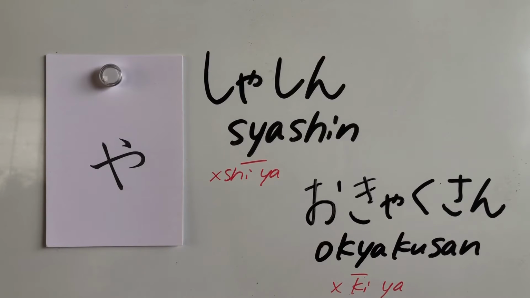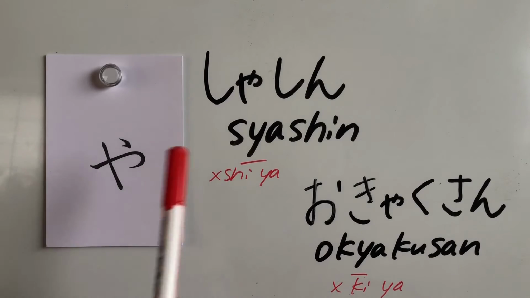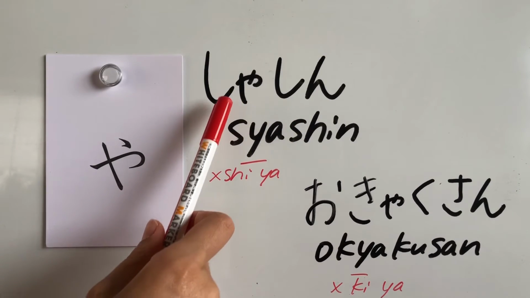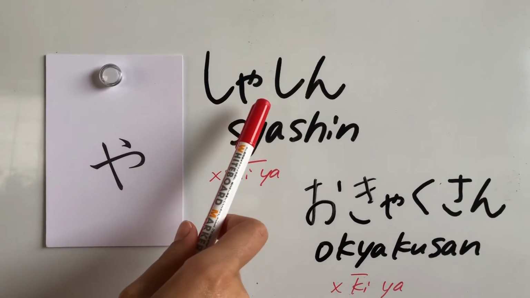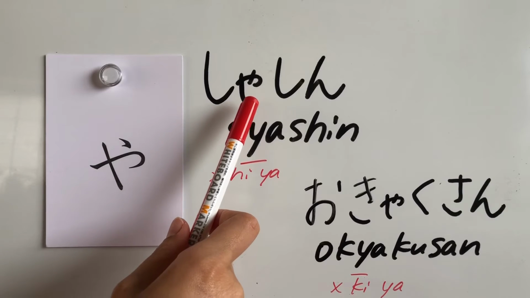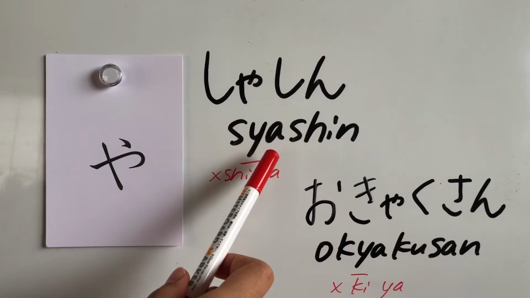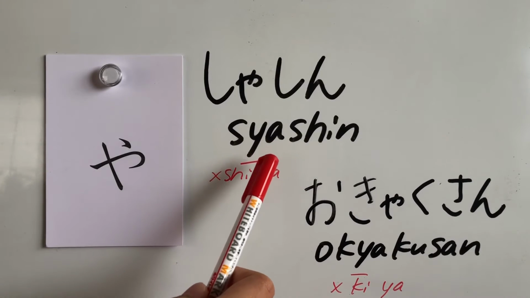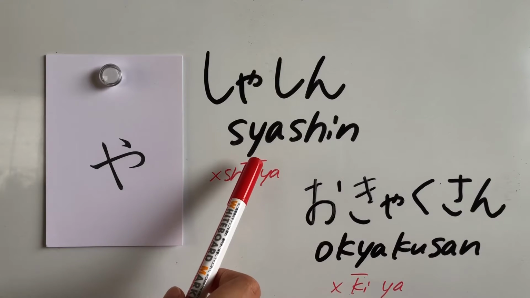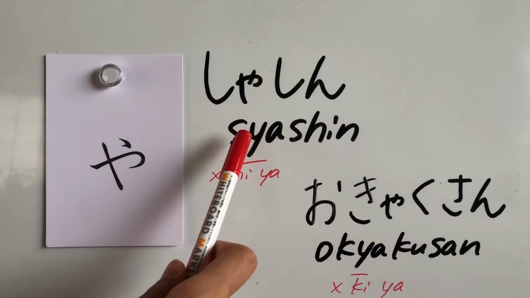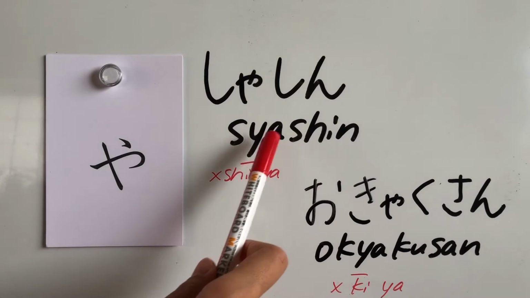Yeah, and what's happening here, so for example the first one, this one is shi, right? And then we have small ya, and let's have a look at the English alphabet here. We have S plus YA, yeah.